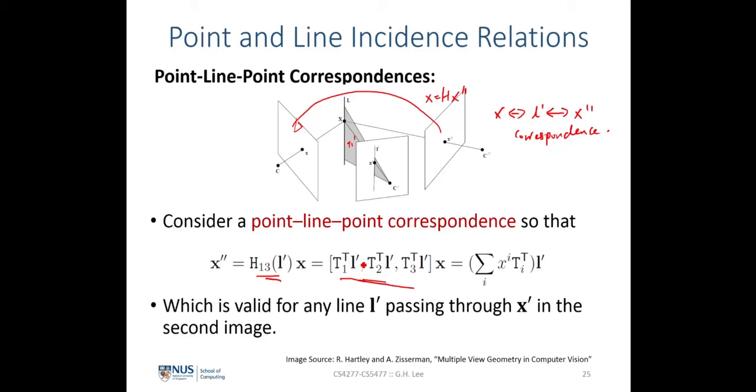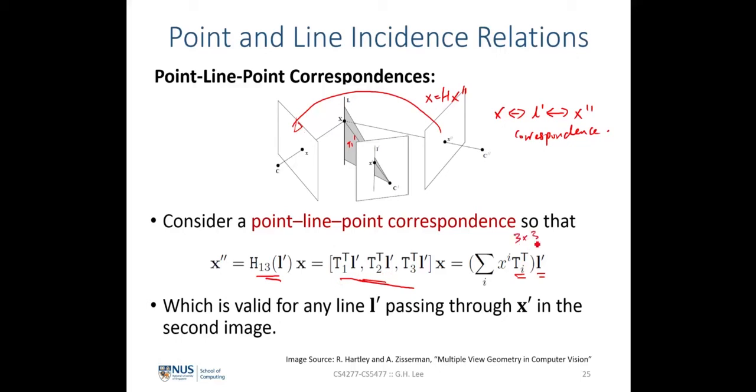we can factorize this out and simply write L prime on the right hand side, and then we push X into the coordinates, into the respective trifocal tensor entries. We can see that this can be rewritten in the same form as what we have seen earlier on, except that now Ti represents the respective entries of the trifocal tensor.